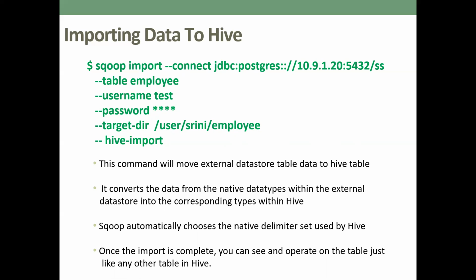I think they did not provide the table name; actually, the table name also should be there. Either you can directly create the Hive table based on the schema retrieved from the RDBMS table, or you can use your own existing Hive table so you can push the data, or on the fly you can create a Hive table and push the data. So both options are available.